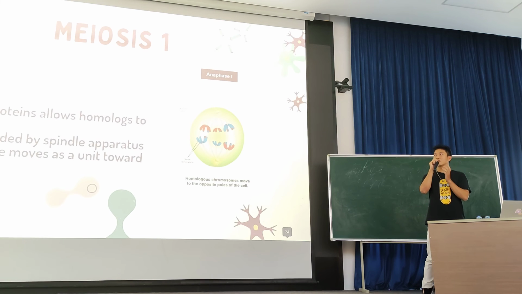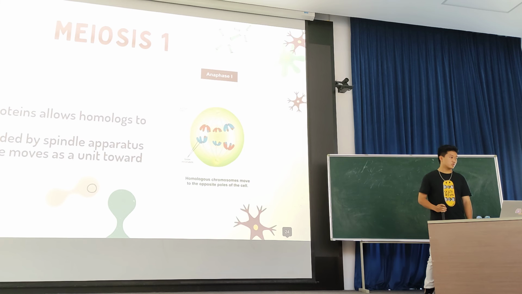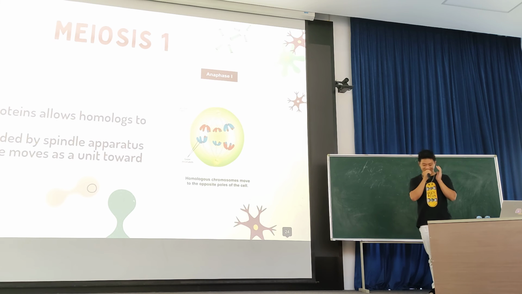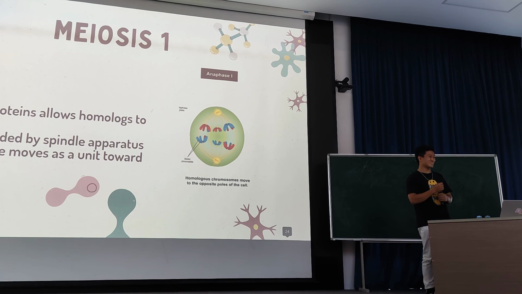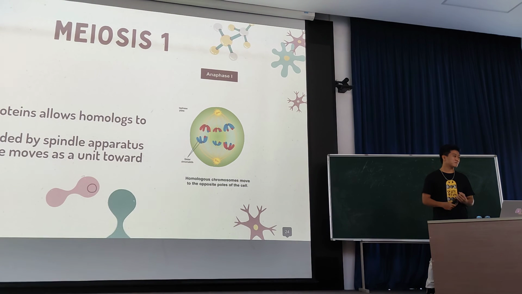You sure? No. 92 chromosomes. So how many chromatids? 46. Chromatid is... 184. Correct.